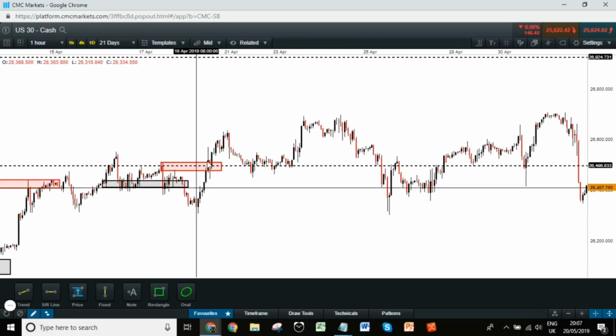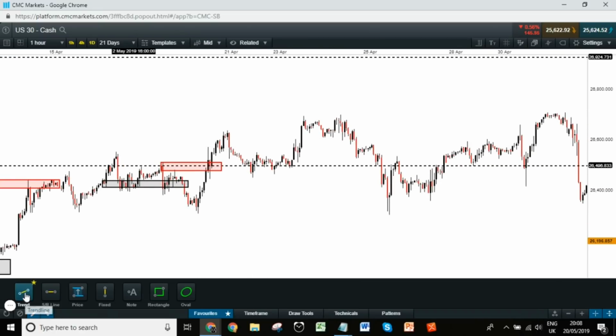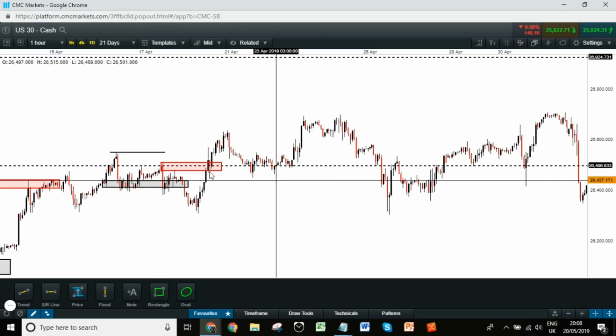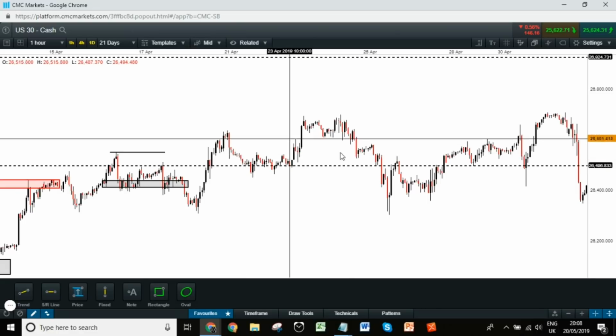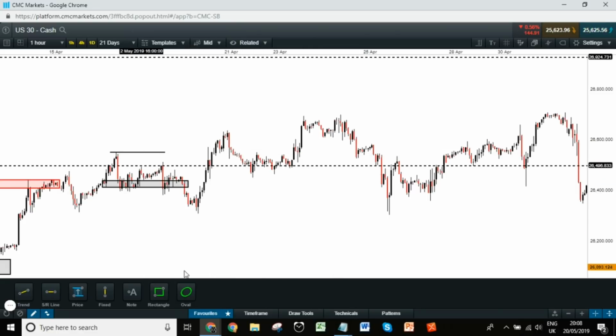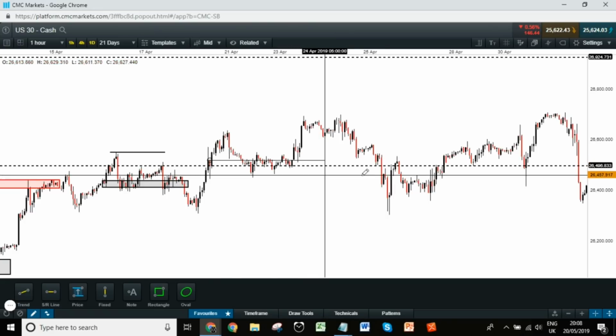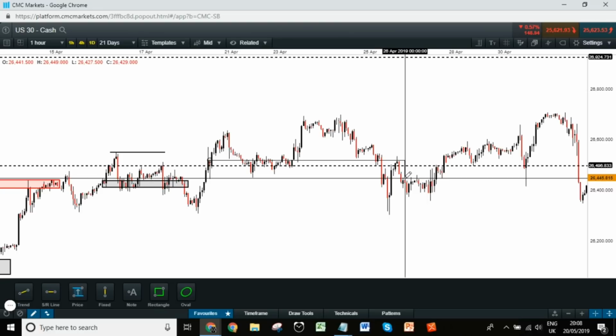So now this has made a new high above this high here, right? So let's just take that out. And while it's done that, it's actually done a rally-based rally. So this is our potential. We're looking for a break across here now.